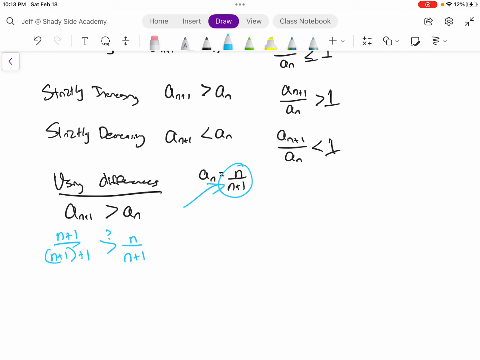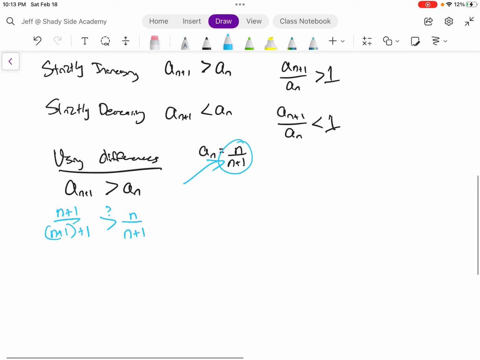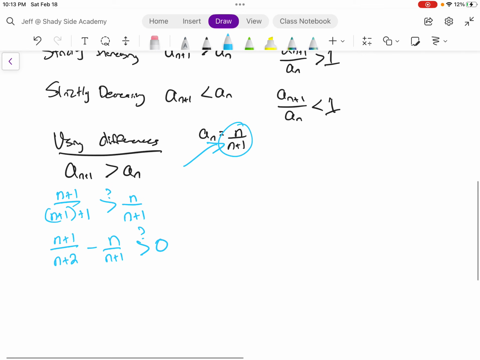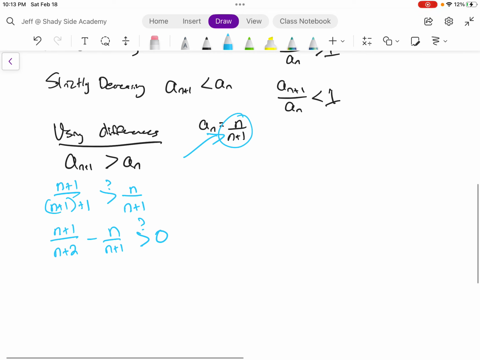Plug n plus 1 in for n and I get this thing. Well, that's really saying, hey, is n plus 1 over n plus 2, that's what this is, minus n over n plus 1, greater than 0? And if we can show that it is, we know that this thing is strictly increasing, right? We're trying to show this is strictly increasing.